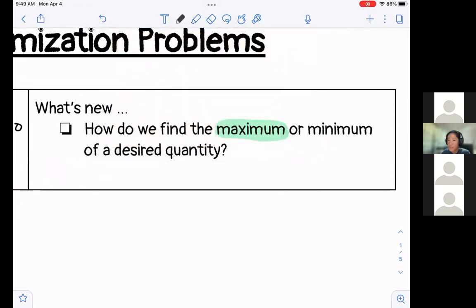We could help that person out by saying, hey, the maximum always has a slope of 0, which means that the first derivative is equal to 0. And that's going to be true when we have a maximum, right?